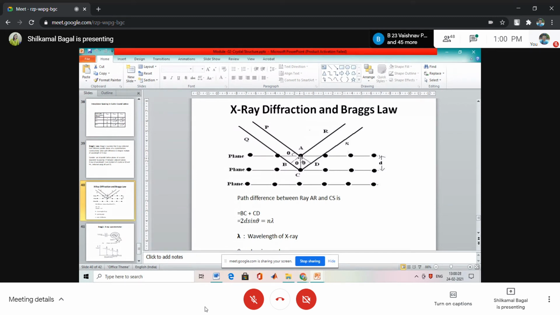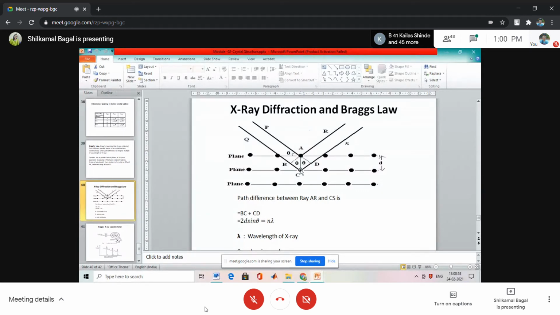Now here Bragg's law is nothing but the condition of maximum diffraction or maximum reflection. So for getting that condition, we have to calculate the path difference between these two reflected X-rays. These two X-rays are reflected from successive planes.